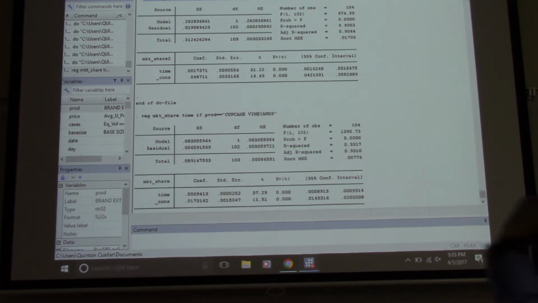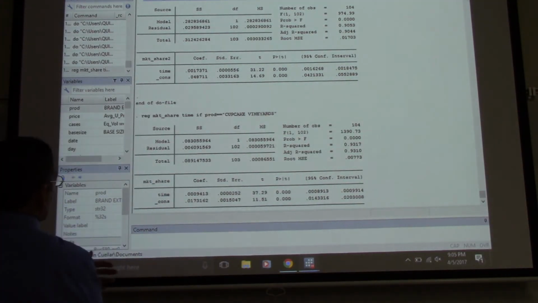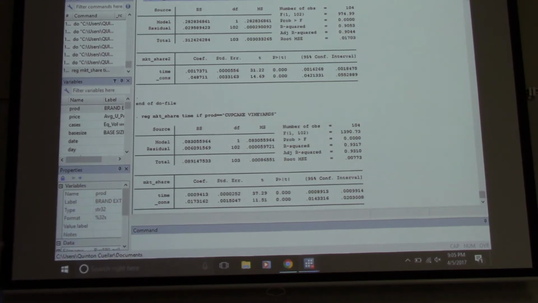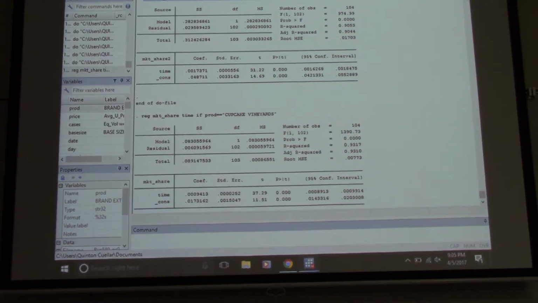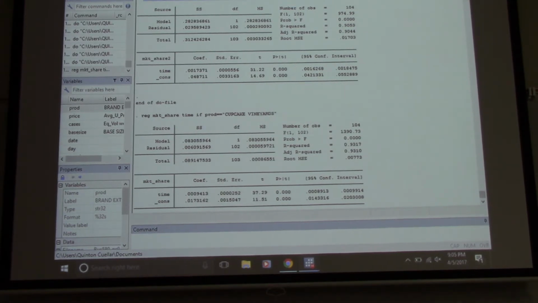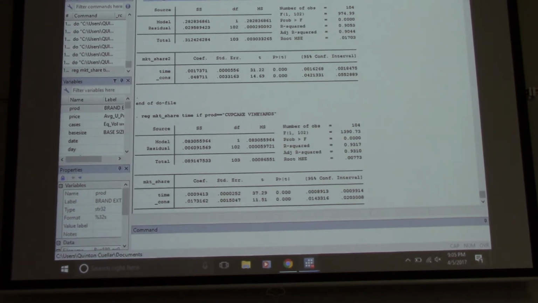But relative to all 15 brands, look at the coefficient on time. It's 0.09% versus 0.17%. So it's about half, a little more than half, excuse me. So it's performing better in its under 10 market share. Right, Cupcake was under 10?